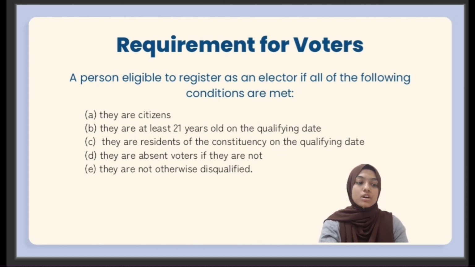However, no person shall vote in more than one constituency in the same election.